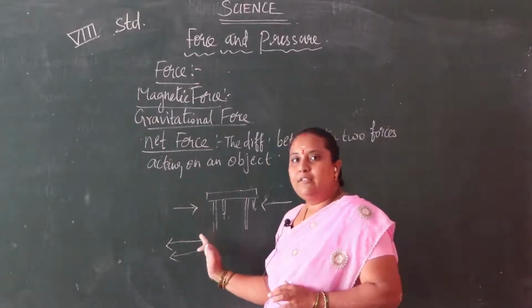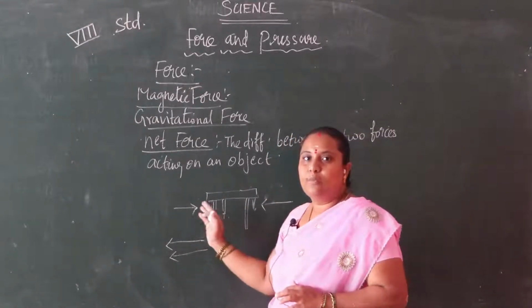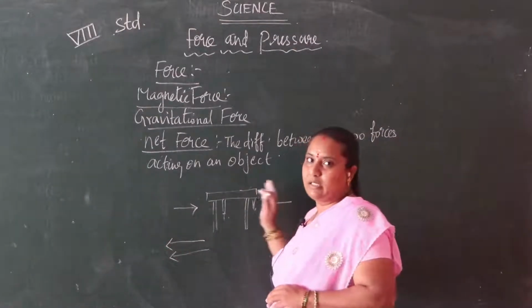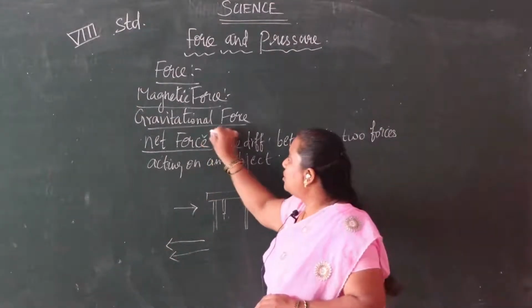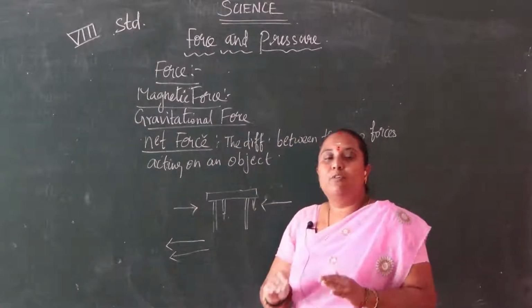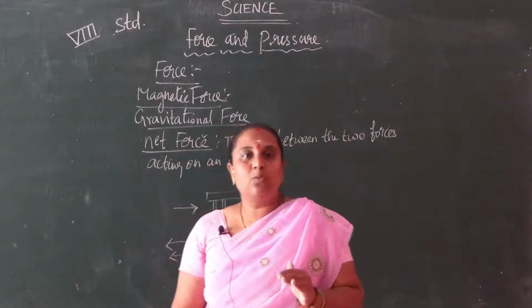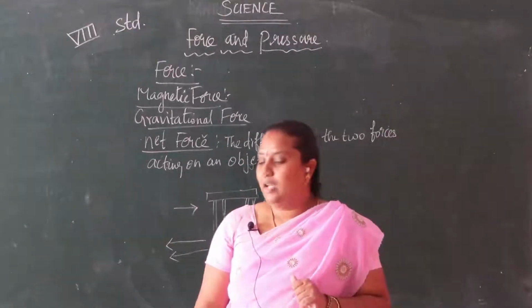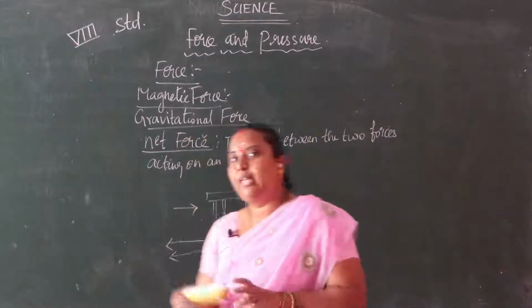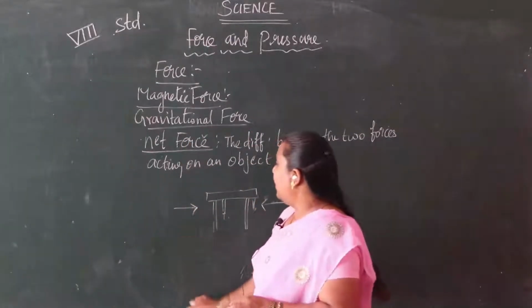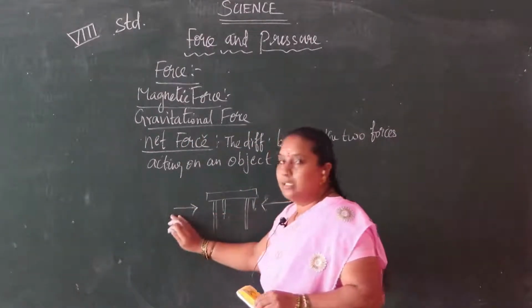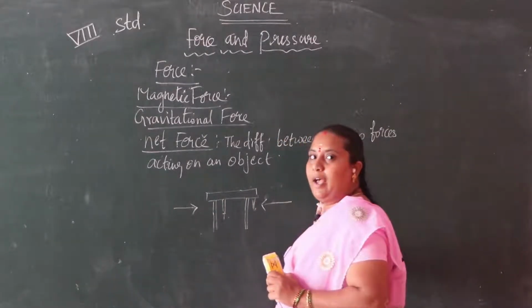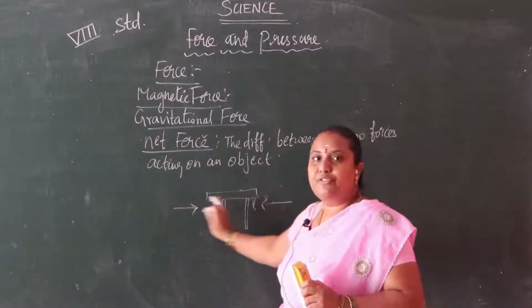So the forces applied on the object are in the same direction, and there are no opposite forces. In net force we should take the opposite forces. Difference means we want to calculate the difference between the opposite forces. So for that we should take the difference. Here one child is giving a force to this side and the other child is giving a force to the other side.